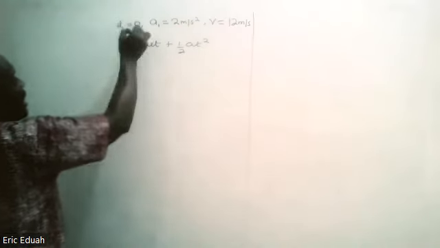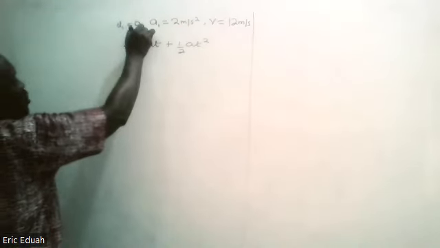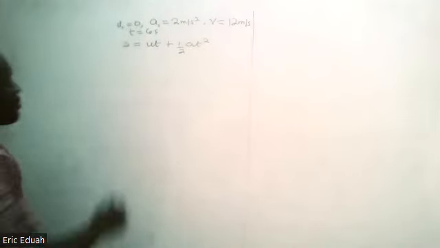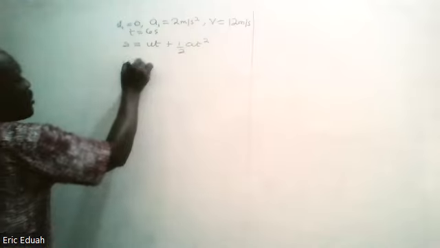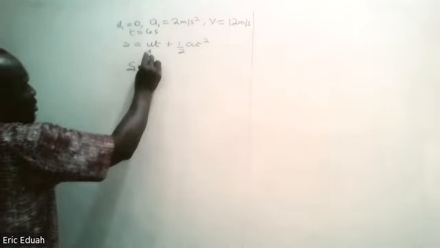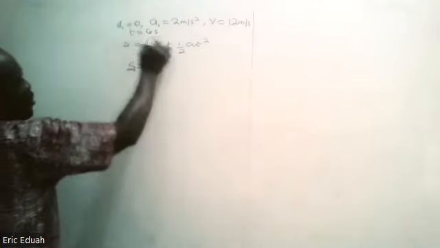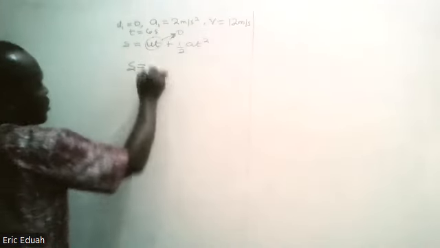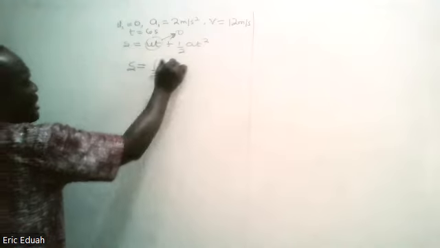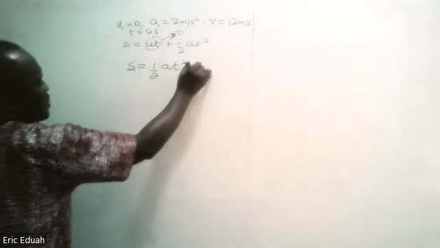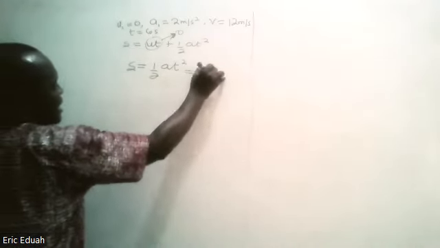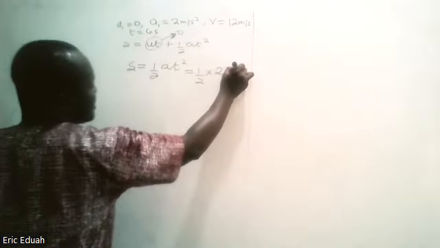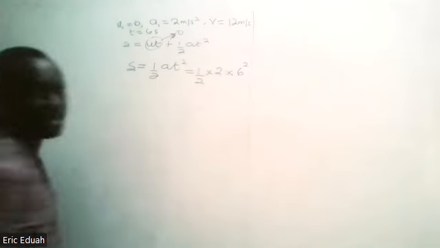The time is 6 seconds. Because u is 0, that part goes to 0, so I have half at squared: half times the acceleration 2 times 6 squared.